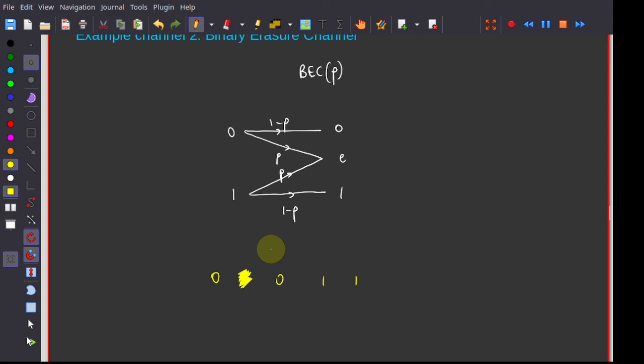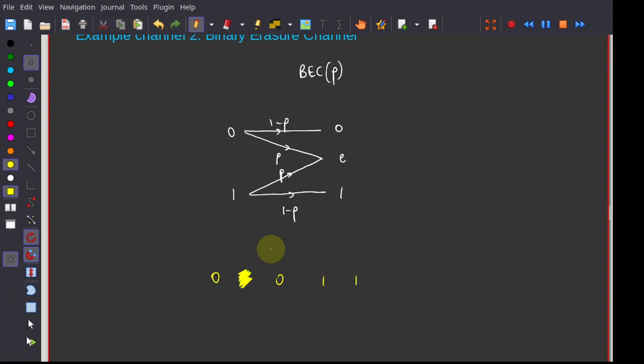But over such a channel, if you look at a long enough sequence, the number of erasures you're going to see is roughly n times p, because you're erasing a symbol with probability p. Think of it as tossing a coin with probability of head being p. If I toss 100 such coins, how many heads would I expect to see?